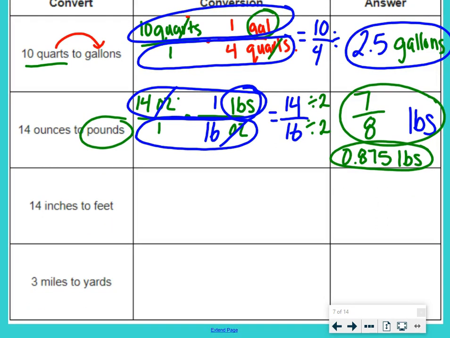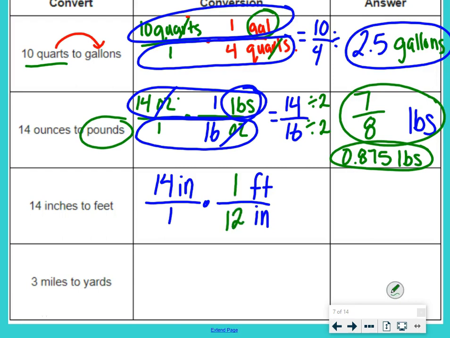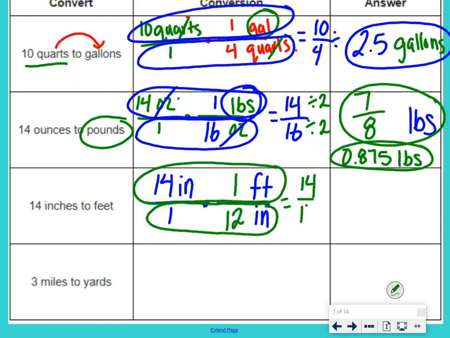2 more examples here. 14 inches to feet. 14 inches over 1 times, we want our final answer feet on the top, inches on the bottom. Should know this without looking, but there are 12 inches for 1 foot. Think about a ruler. Now we just need to multiply. 14 times 1 is 14. 1 times 12 is 12.